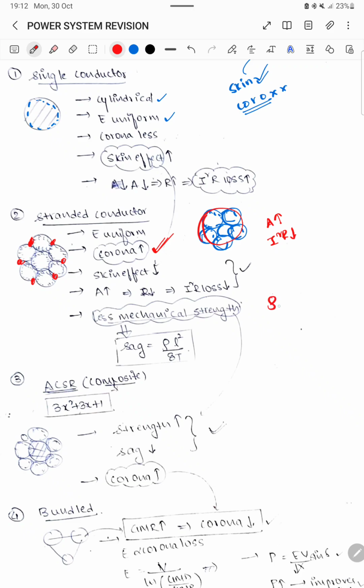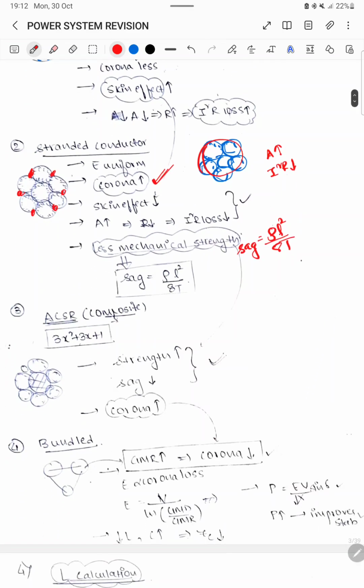Mechanical strength is given by sag, that is rho L squared upon 8T. So what will you do technically? To reduce this sag, we can increase the tensile strength T. To increase T we use ACSR, composite conductors.